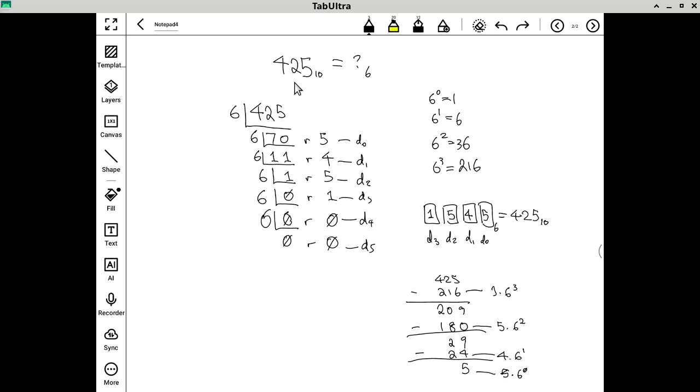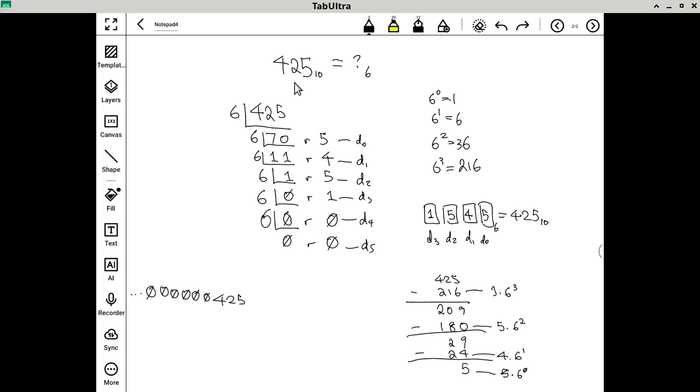Oh, I beg to differ. We'll rewrite 425 here. I can always do this, and again, and again, and so on. So that means every number intrinsically has an infinite number of digits. It's just that we only have a few that are non-zeros.